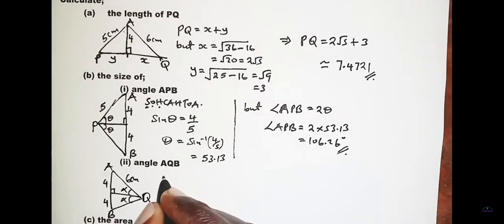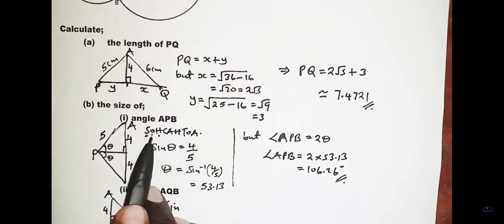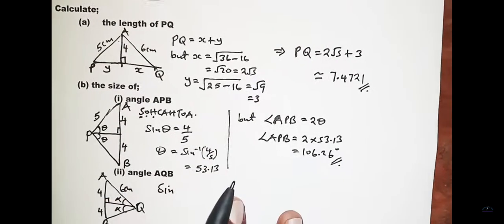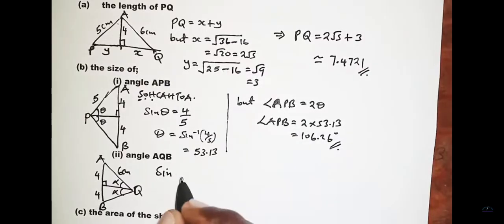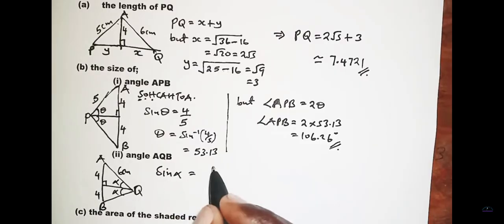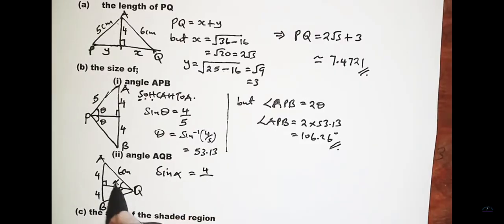So we are going to have sine, according to SOHCAHTOA, still opposite and hypotenuse. So we are going to have sine of alpha is equal to opposite, which is 4 over the hypotenuse, which is 6. So that alpha is equal to the sine inverse of 4 over 6.